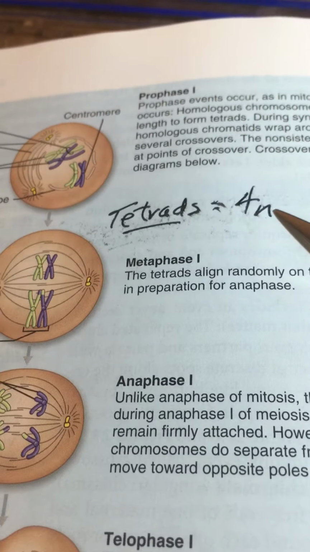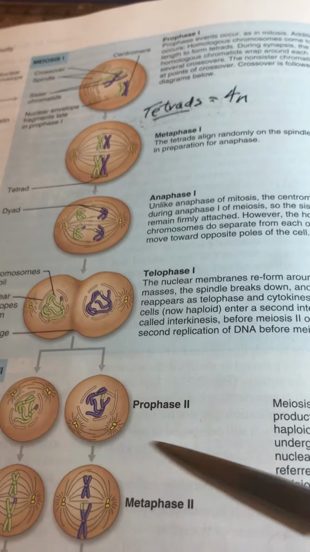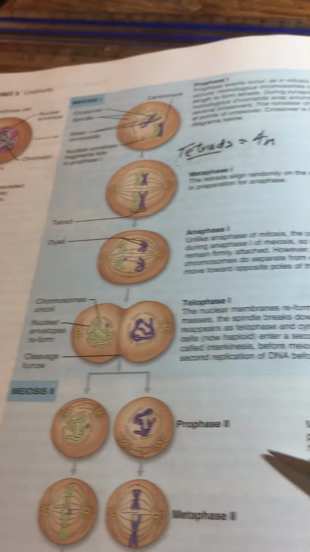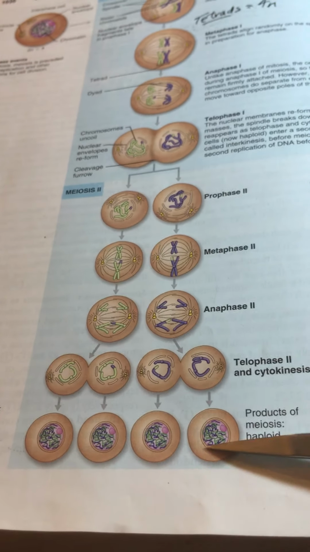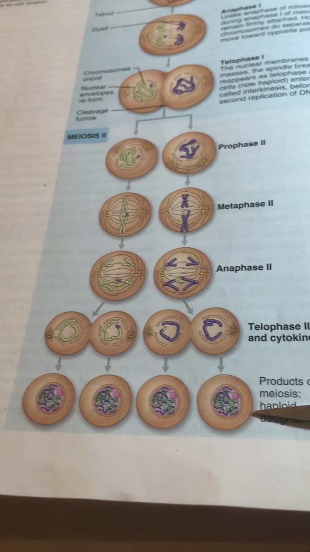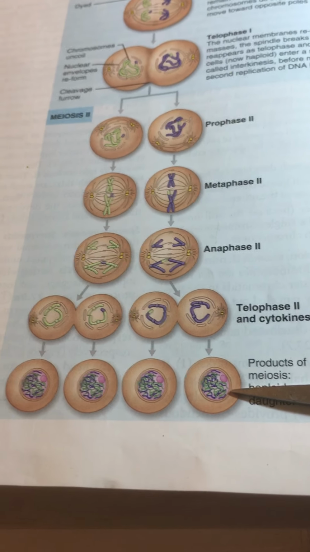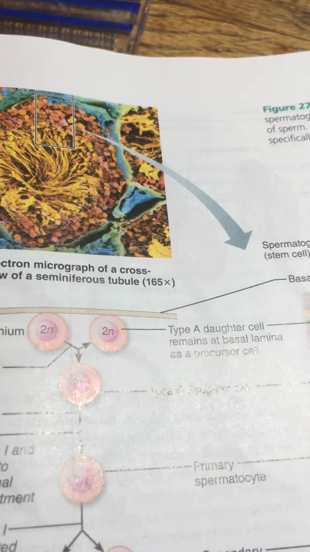We begin with tetrads, which is 4n, and then we come down to the regular number, which is in this case 2n, and then we finally end up with the single n number, 23 chromosomes. So we go from 92 to 46 to 23.